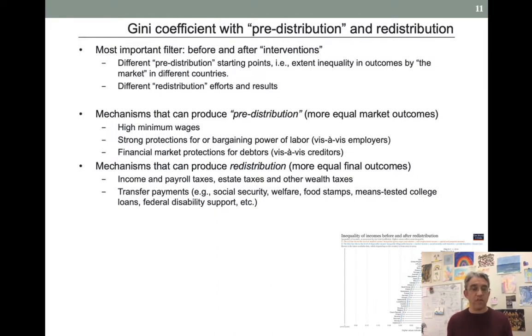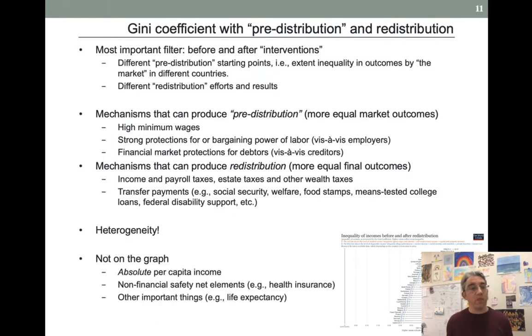So one thing to know as we head into looking at the graph, a lot of heterogeneity here. That actually makes it very interesting to look across countries. And when I say heterogeneity, I mean both in pre-distribution and redistribution outcomes, though it's that final redistribution one we're going to be most interested in. And again, not in the analysis, not on the graph. Absolute per capita income is missing here.